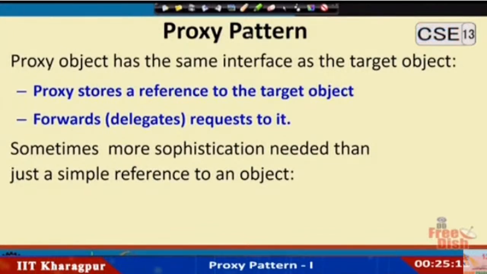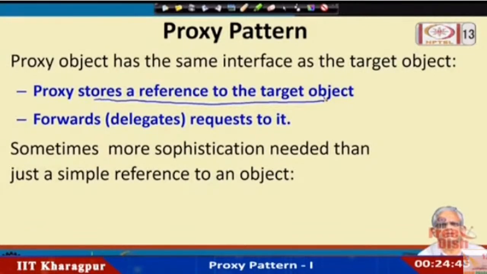For the client, the proxy is actually as good as the target object. The client does not interact with the target object, it interacts with the proxy, but the proxy stores a reference to the target object. Any method invocation by the client, the proxy handles if it can, otherwise it forwards or delegates to the target object or the server.